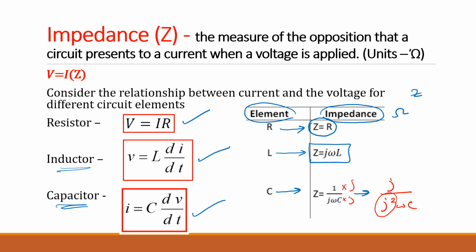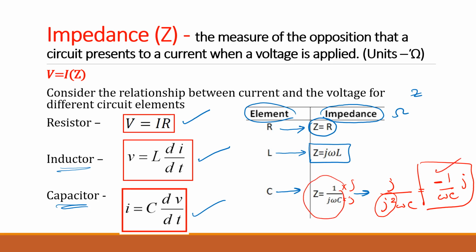Do you agree? So this will be negative 1 over omega C times j. You can use this one, it is easier because j is at the numerator, so you can add easily. So you can use either this one or that one for the capacitor.